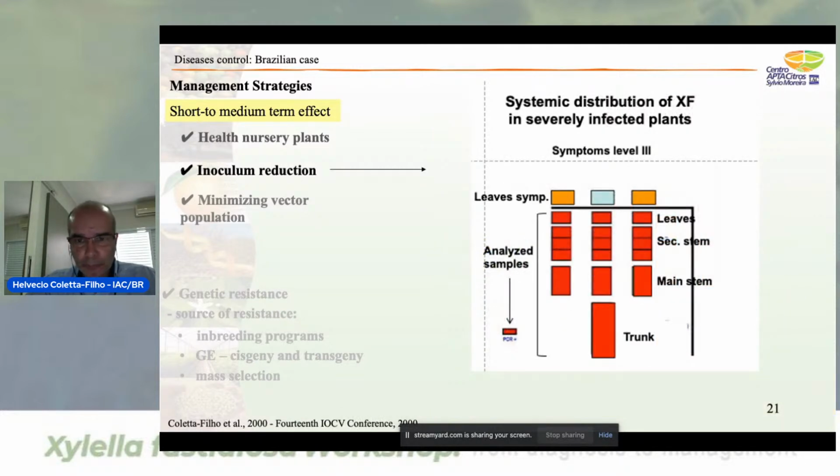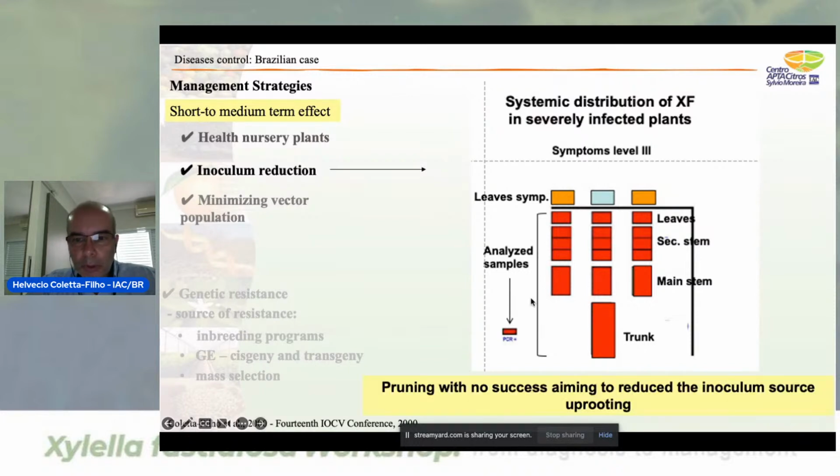Also, for plants with high severity of the disease, independent of the age of the plant, we indicate uprooting because the bacteria are systemically distributed in the plant.